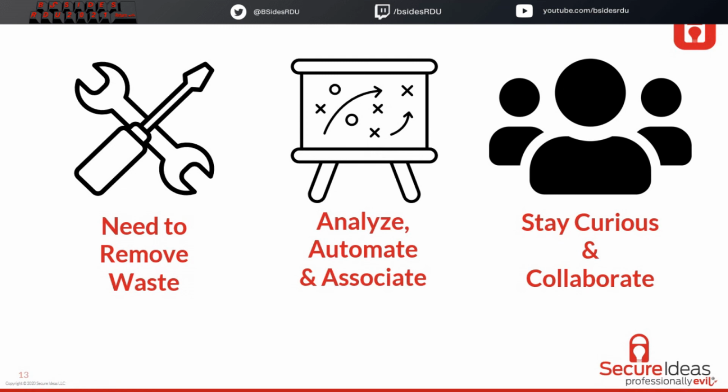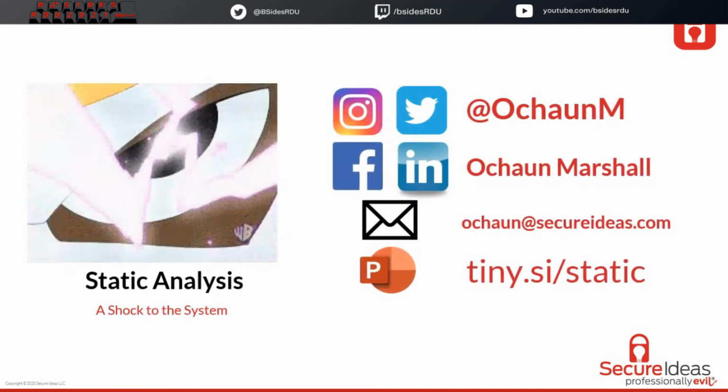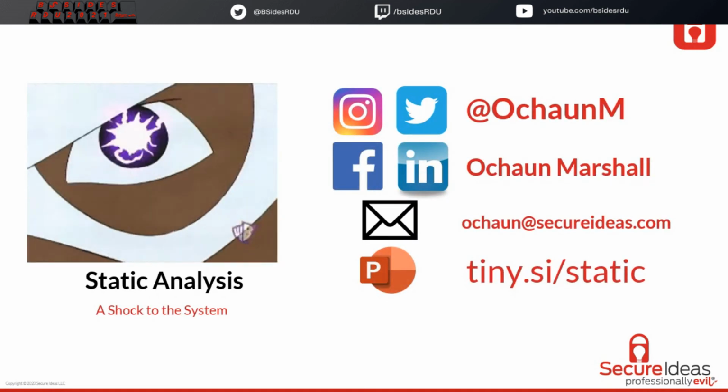So it's not just one report at the end, but an actual collaborative journey. That's the return to normal story I'm looking for, and I hope that resonates with you as well. Static analysis, shock to your system.